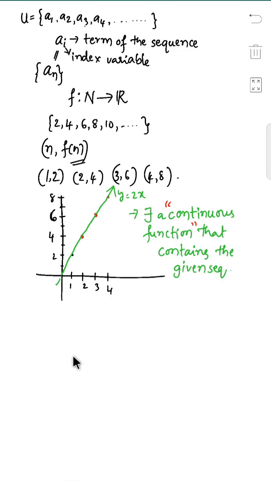Here an is any arbitrary number in the sequence. It can act as the general term of the sequence. So if we give any sequence, we try to find the general term of the sequence.